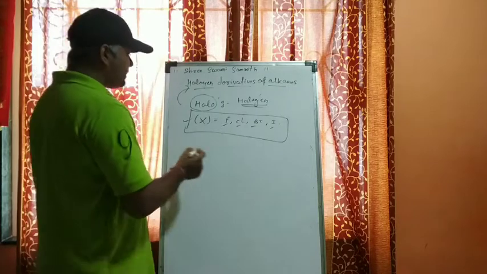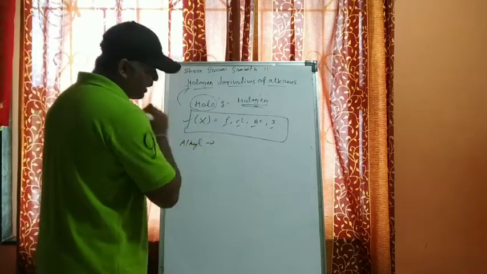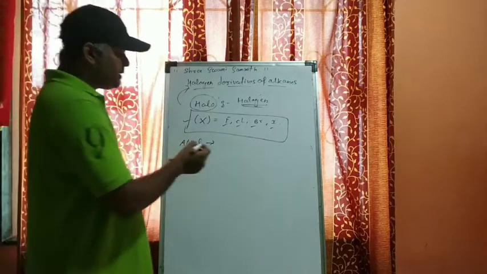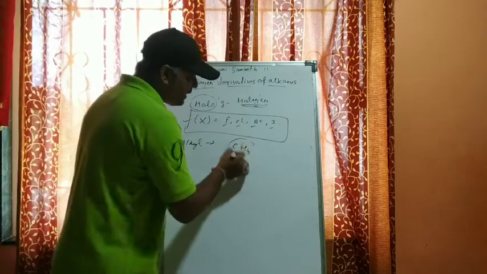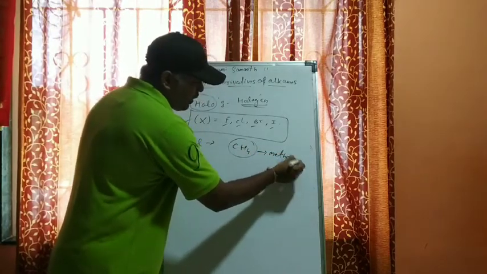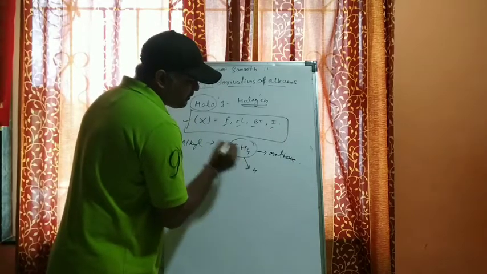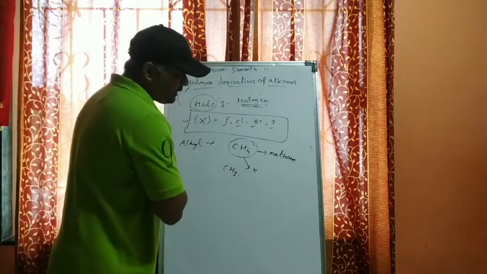Now what is an alkyl group? You also have to understand the alkyl group. This is CH4. What is the name of this compound? Methane. When one hydrogen atom is removed from methane, it gets converted into CH3.